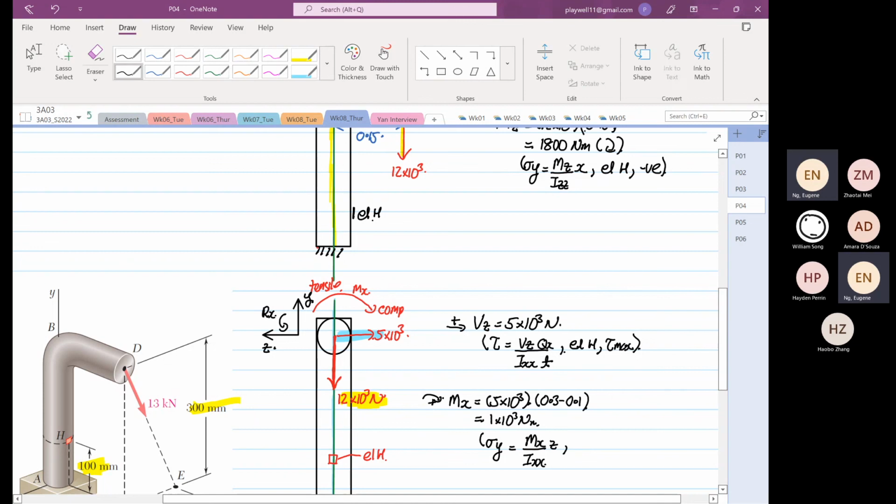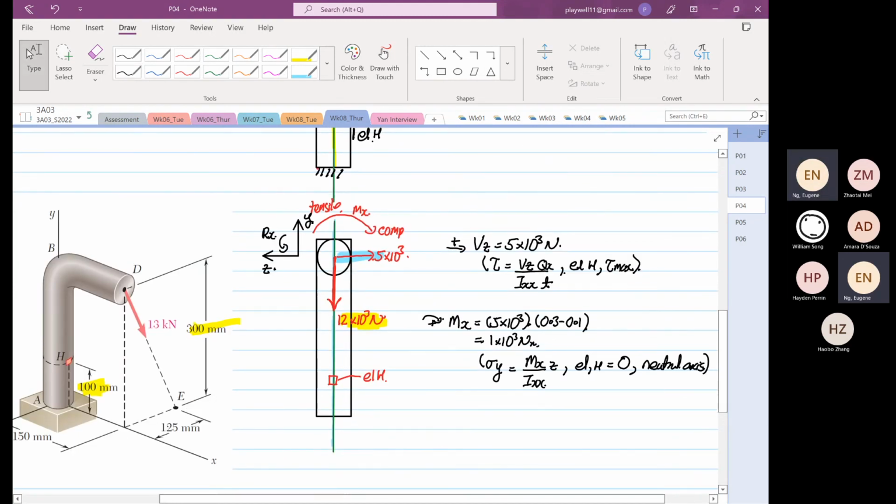And we realize that at element H the stress is equal to 0 because it's at the neutral axis. So we don't need to be really worried about moment in x.